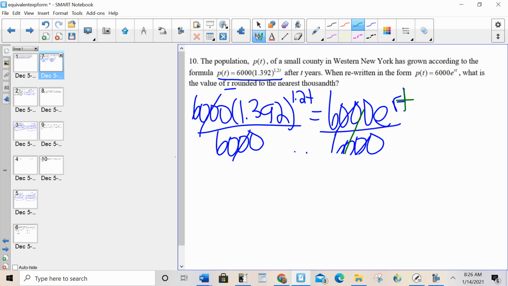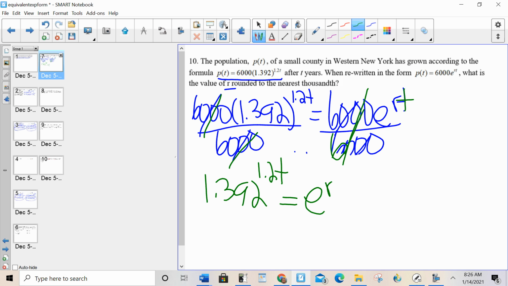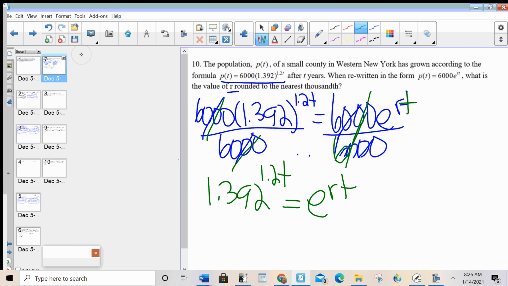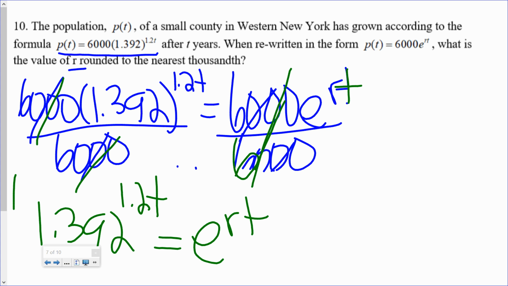When I divided both sides by 6,000, those canceled and those canceled. I'm left with 1.392 to the 1.2t equals e to the rt. So now I'm doing my ln of both sides.